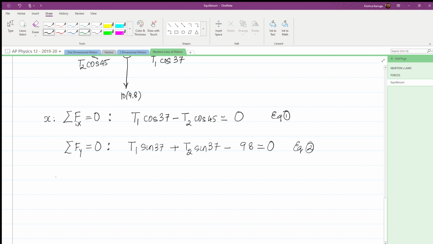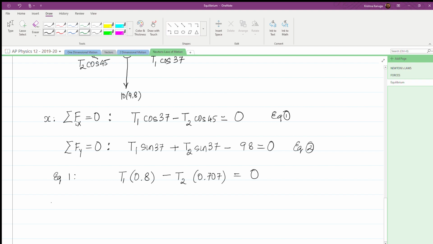I'm just going to rewrite equation 1 after calculating cosine 37 and cosine 45. We know that cosine 37 is about 0.8, so I'm going to write T1 times 0.8 minus T2 times 0.707, all this is equal to 0.